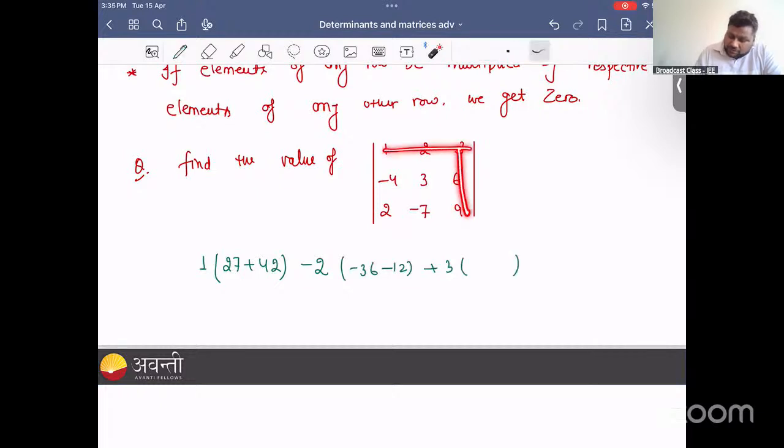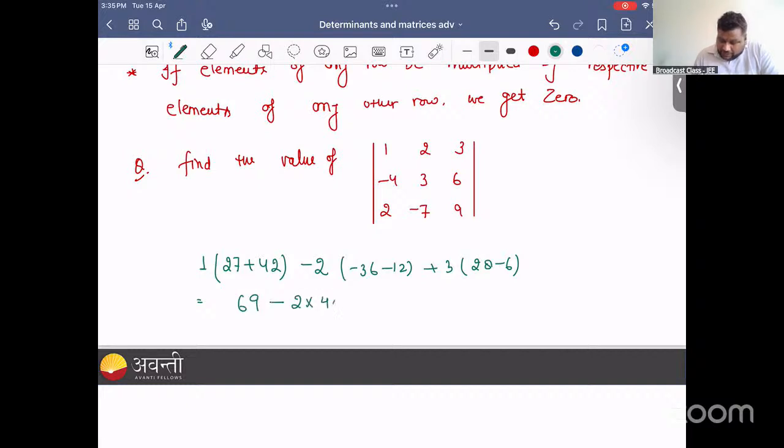This is gone, this is gone. This is 28 minus 6. So it is 27 and 42, 7 and 2, 9, 4 and 2, 6. 69 minus 2 into, it will become plus 48, plus it is 22 into 3, 66. So this comes out to be 69 plus 66 plus 96.